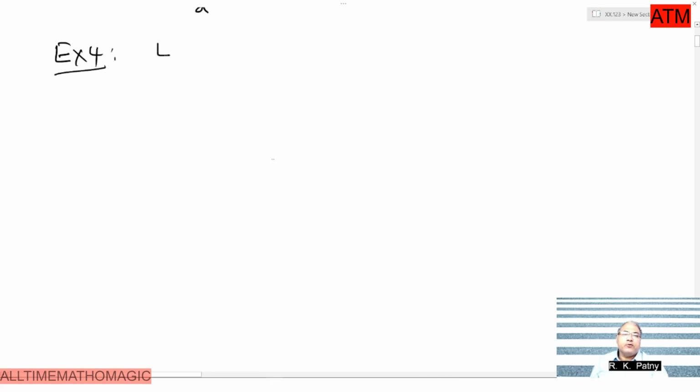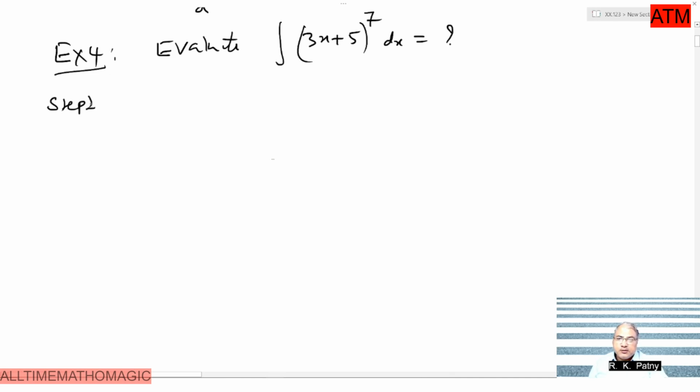Example 4. Evaluate the integration of (3x plus 5) whole raised to 7 with respect to x. Now, step number 1: it is not in the standard form, so first of all convert it to the standard form. So let 3x plus 5 equals t. Sometimes we put t, sometimes k, sometimes u.